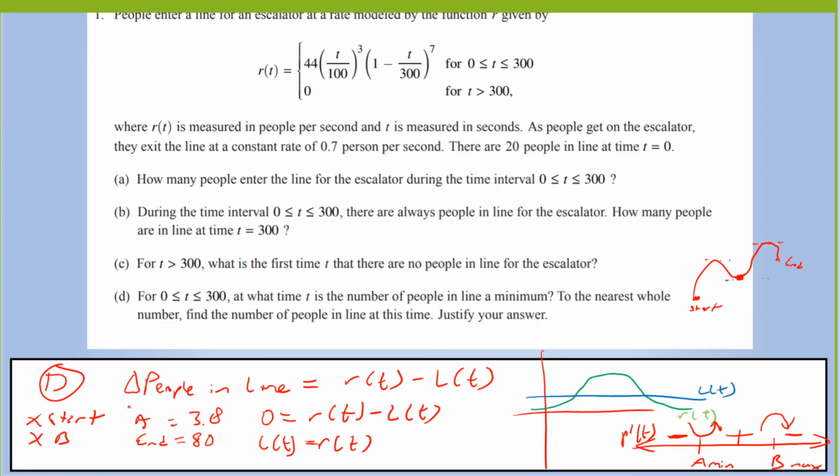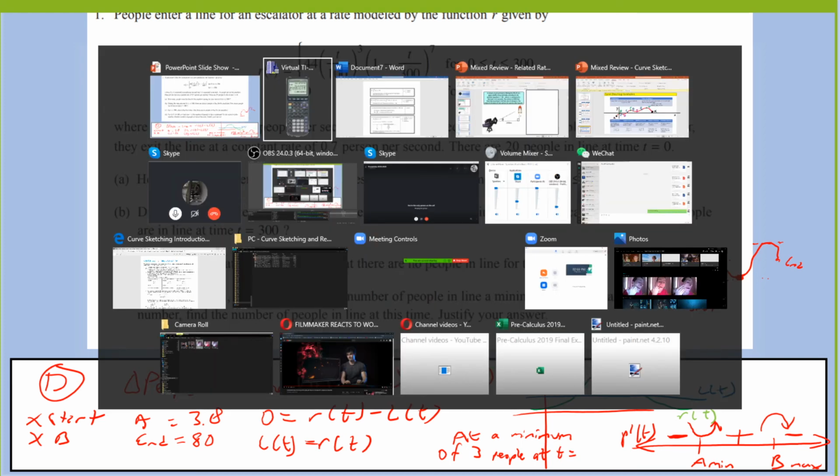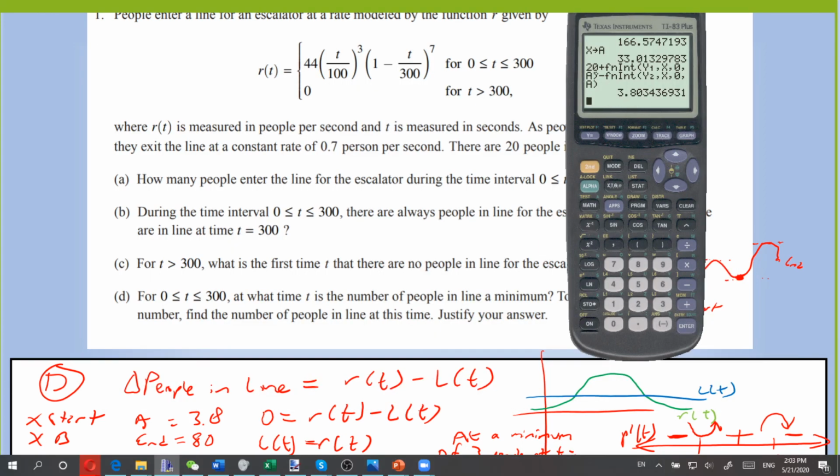So right now my minimum number of people total is at A, a minimum of 3.8 people at t equals 33.01 seconds.